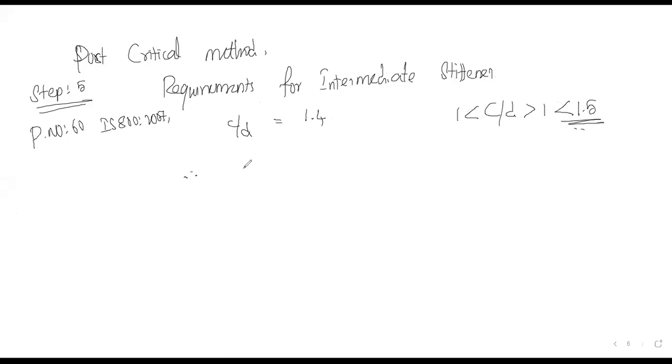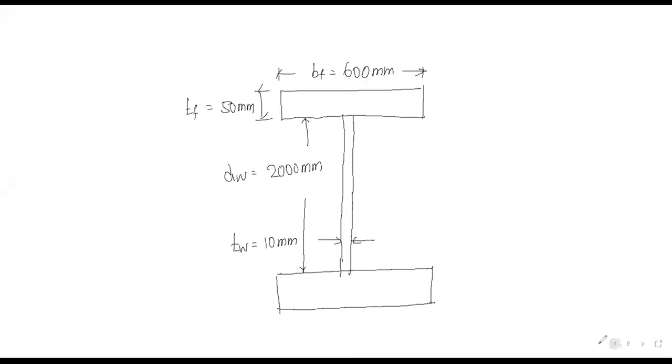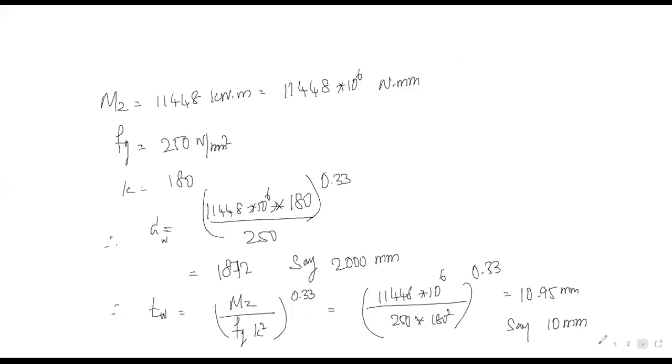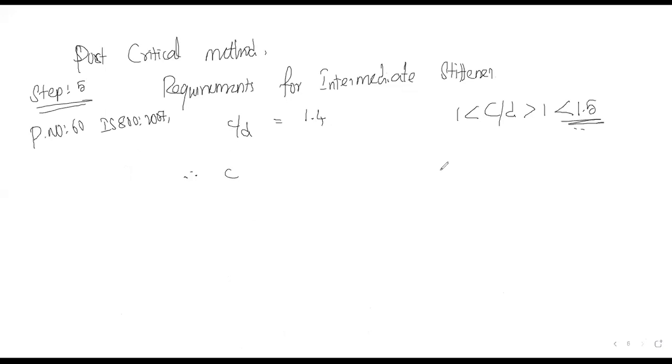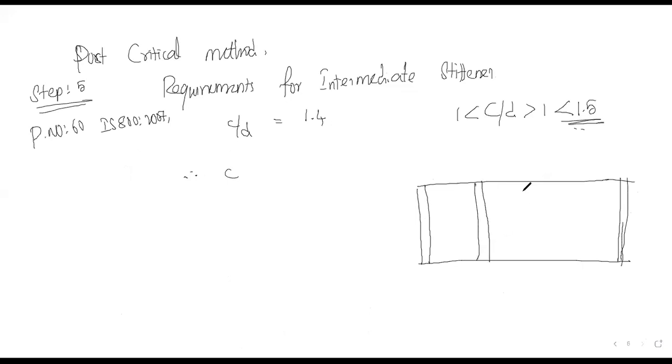Therefore, C is nothing but the spacing between the stiffeners. This is the end bearing stiffener and this is our end bearing stiffener, and in between that we can have our intermediate stiffeners.